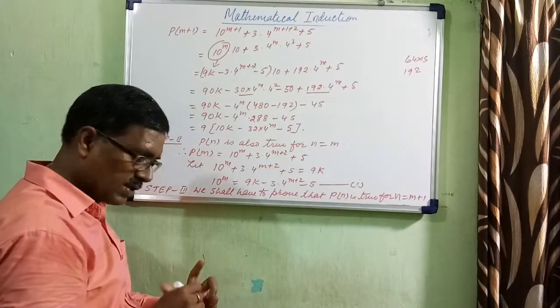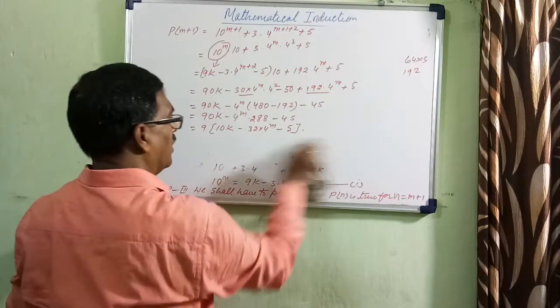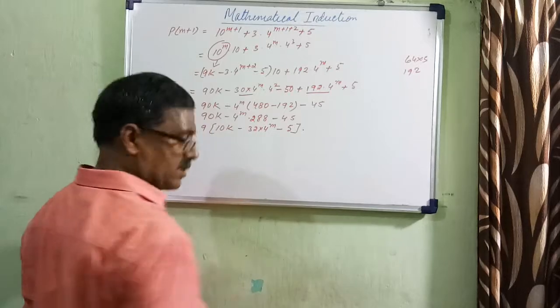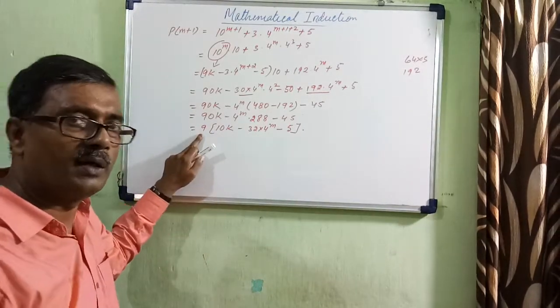So what do you notice? Whatever the value of natural number for k and m we substitute, it will always come divisible by 9.